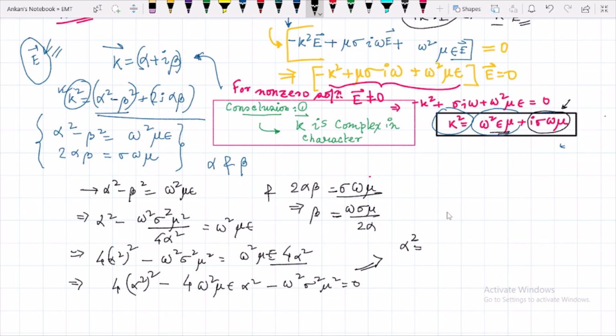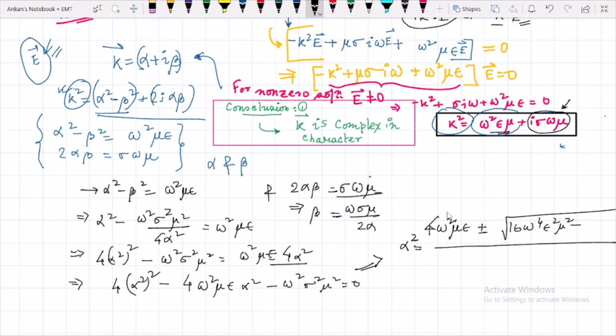Minus b, that is minus minus plus 4 omega square epsilon mu, minus b plus minus root over b square, means 16 omega to the power 4 epsilon square mu square, minus b plus minus root over b square minus 4ac.